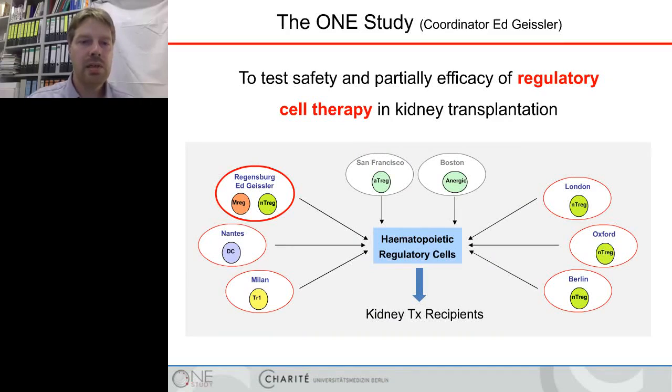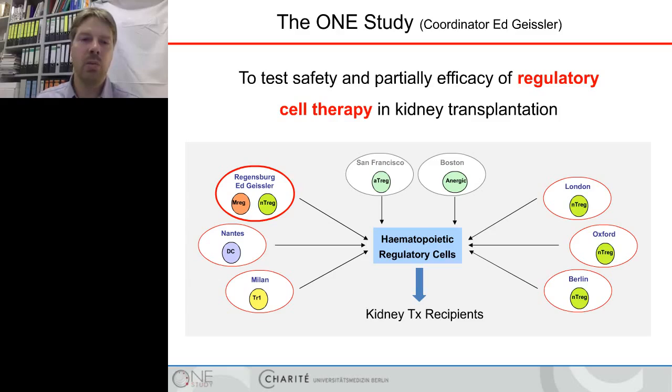The ONE study is a unified approach to evaluating cellular immune therapy in solid organ transplantation. Cell therapy is a novel concept for immunoregulation. This study aims at reducing transplant rejection after kidney transplantation.